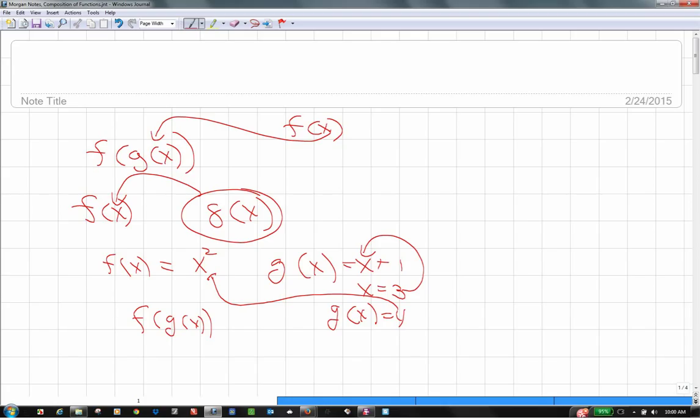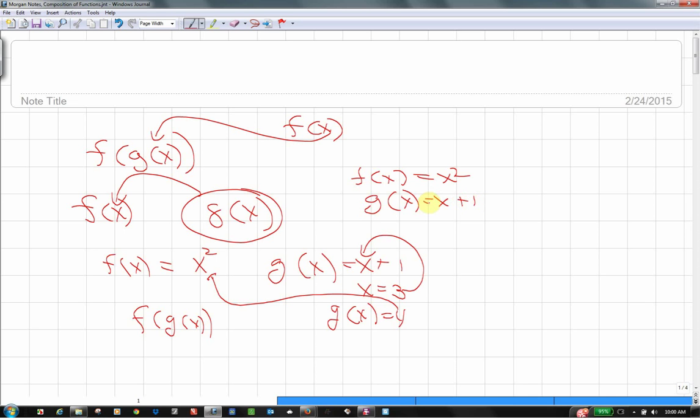Now, what we don't want to do is do this evaluation, find the answer, and then substitute it into f. We want to do that substitution all together. So, for example, if I had the composition of f with g of x, and let's just use these two functions again: f of x is equal to x squared, and g of x is equal to x plus 1.